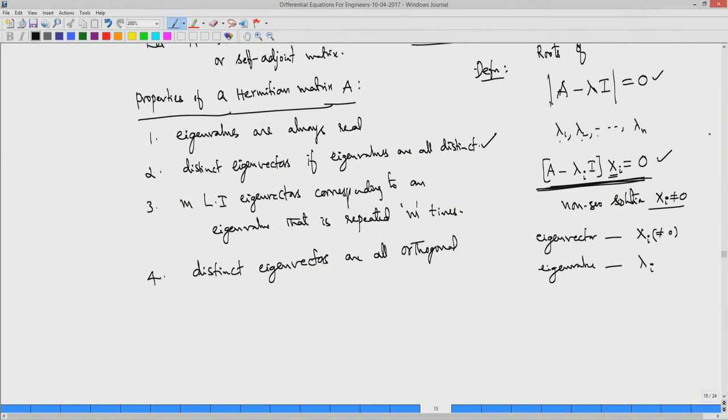What do you mean by orthogonal? Suppose you have 2 vectors, x and y. x and y are orthogonal, this is the definition, if their dot product is zero. So, what is the vector dot product?